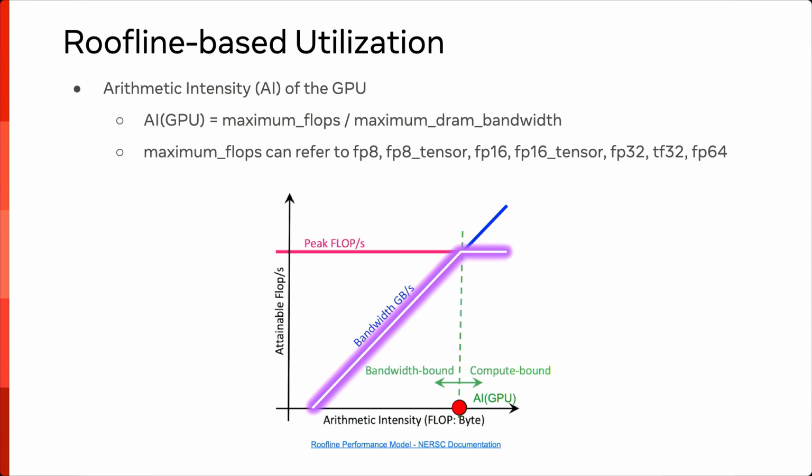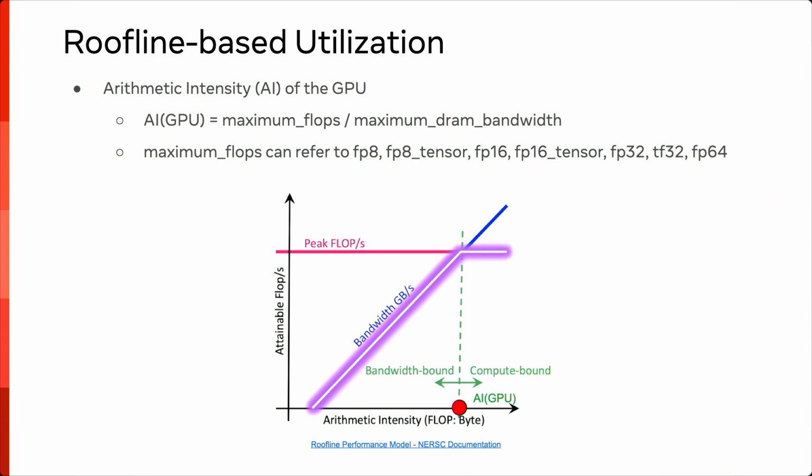The last coarse-grained functionality I want to introduce is roofline-based utilization, which is something we can analyze using Proton. Unlike the normal flops utilization, where we just compute the actual flops we achieved against the peak flops that we can achieve on this GPU, we are going to also consider the bandwidth limitation in the roofline model.